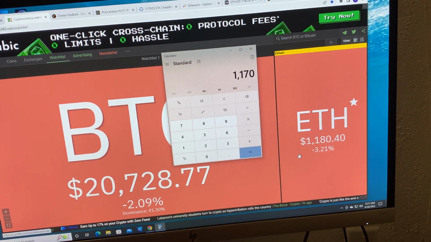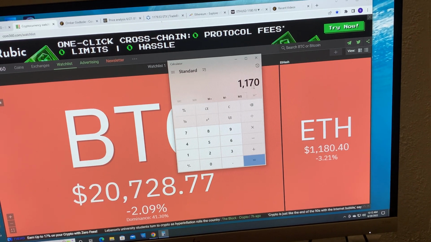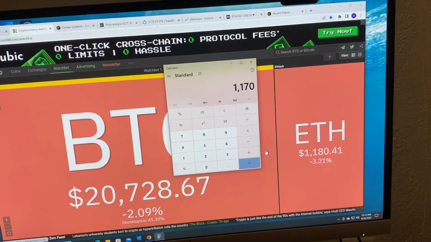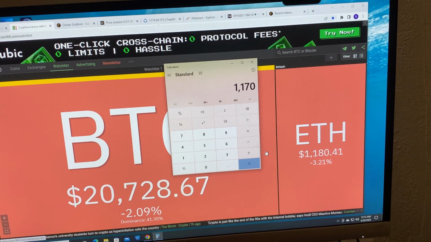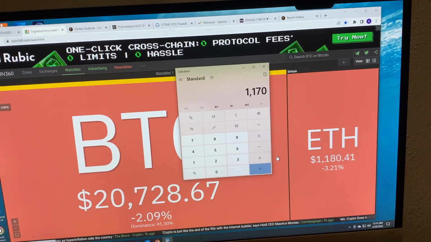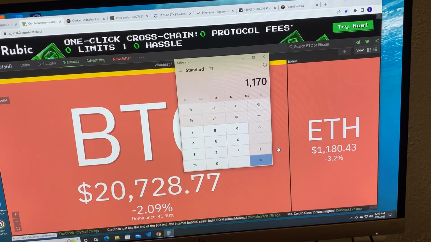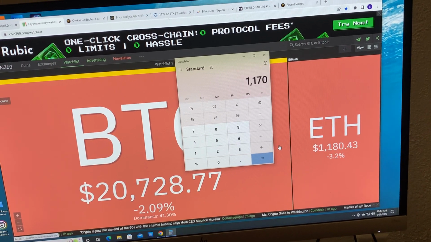Once it goes down, it will execute at 1166, 1165. You don't have to keep sitting there and waiting for it. All you got to do is put the limit and let it do its job. When it goes a little bit under 1170, it will execute.